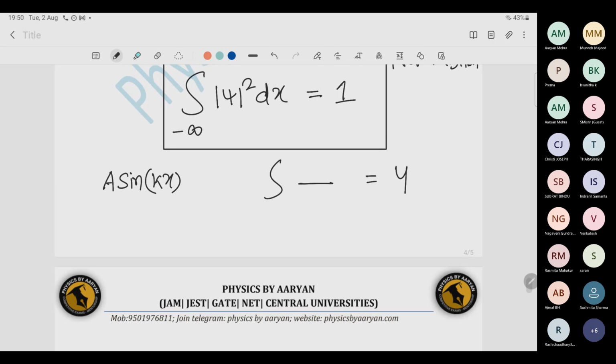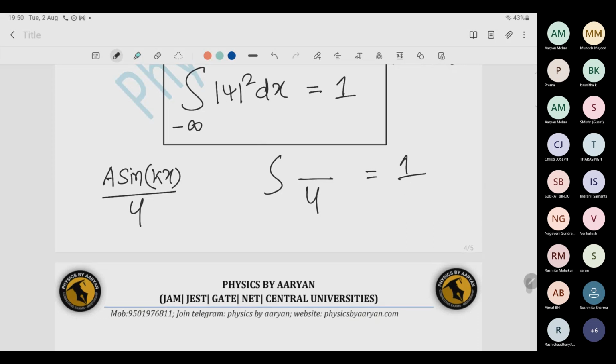Okay, so can't this be a wave function? It can. You just simply need to divide this entire function by 4. If you divide this entire function by 4 and again do this analysis, now you will get 1. So this is actually called normalizing the function.